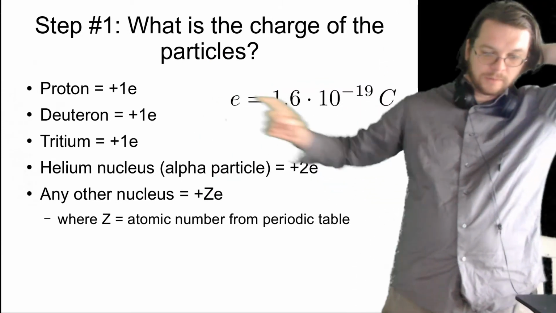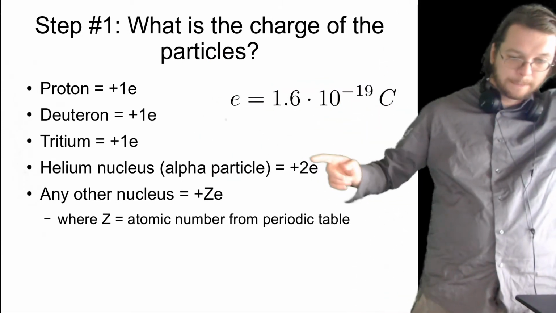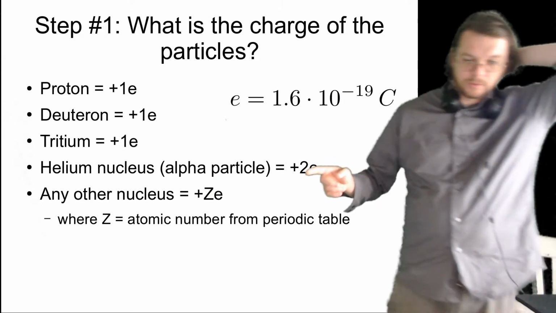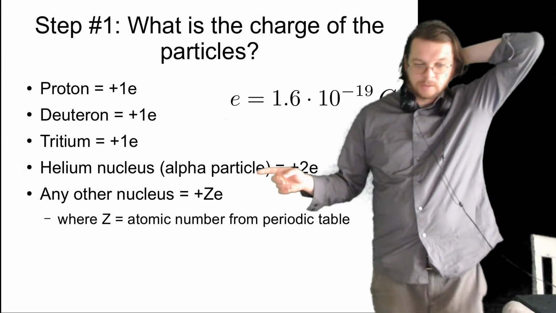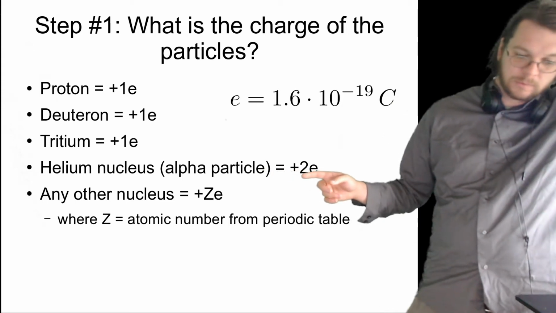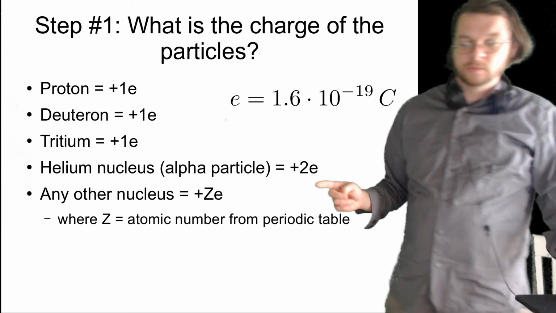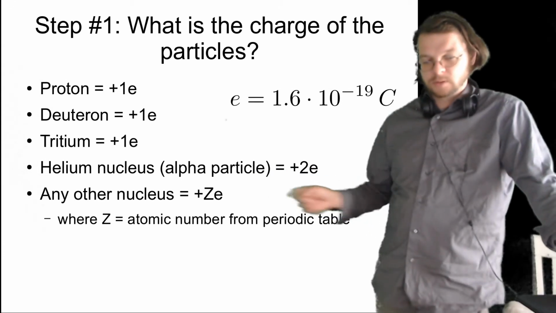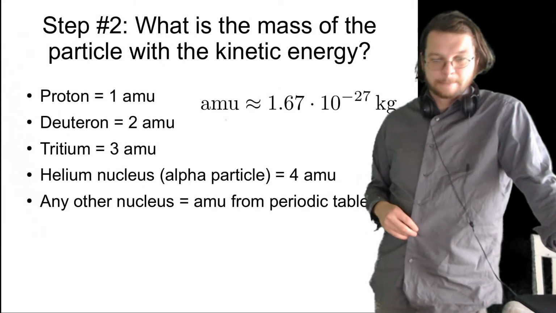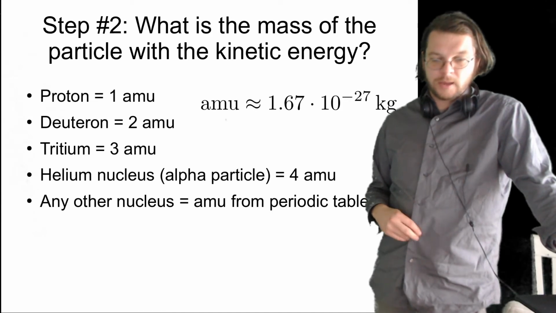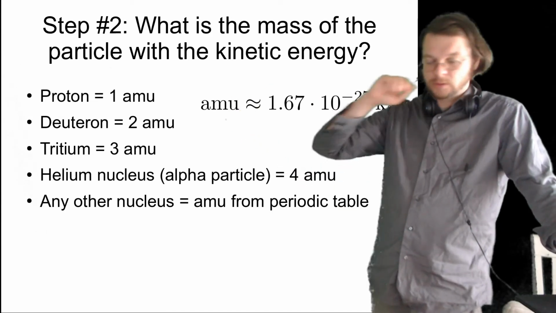These all have the elementary charge. Helium has twice that because there are 2 protons in the middle. Sometimes helium nuclei are called alpha particles. That's helium-4. I might do a question on alpha particles. Anyway, this is what that looks like. And then what is the mass? Well, AMU stands for atomic mass unit.